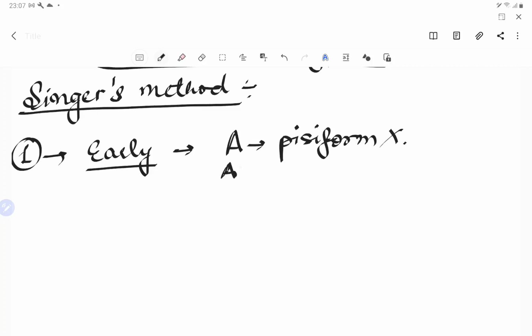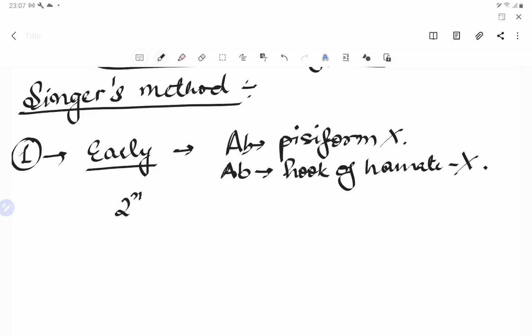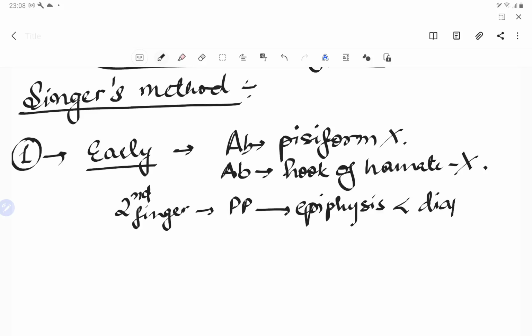Also there is absence of hook of hamate. So hook of hamate is also not present, and in the second finger, the proximal phalanx, the epiphysis is narrower than the diaphysis.